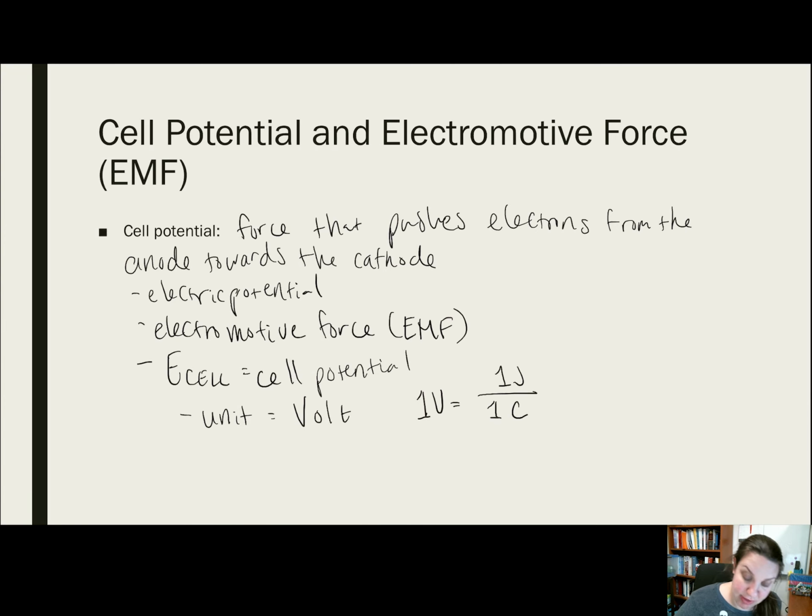And we can rewrite this as a coulomb is equal to a joule volt. Okay, so C is coulomb, and is an uppercase C. And then volt is also an uppercase V. So it basically tells us the amount of work the cell can perform.